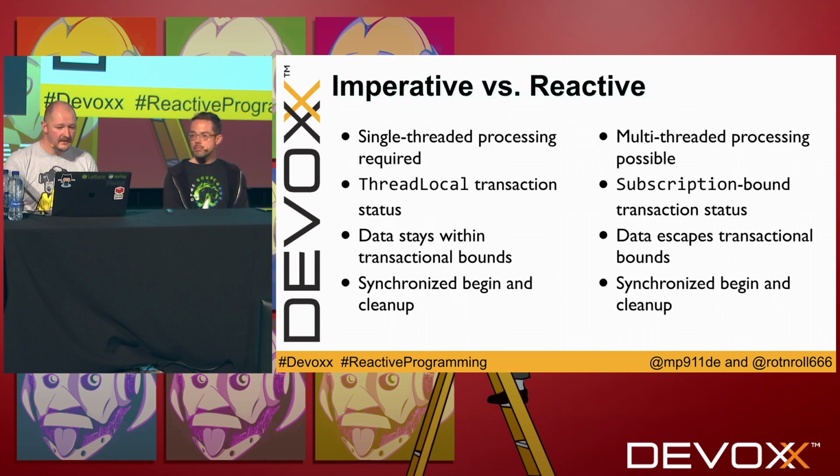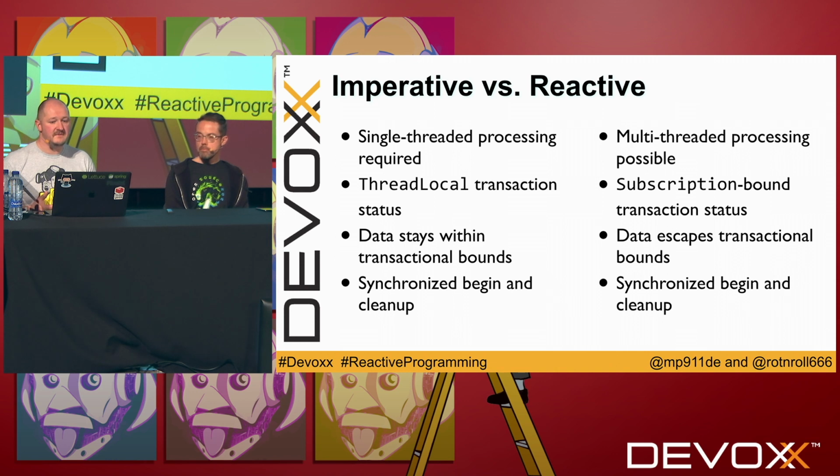Now, to compare both imperative and reactive, we have these various aspects that play into that. While imperative transactions are fully staying on a single thread, in a reactive transactional world, threads may change.